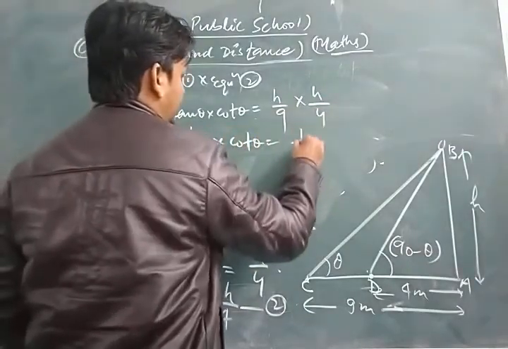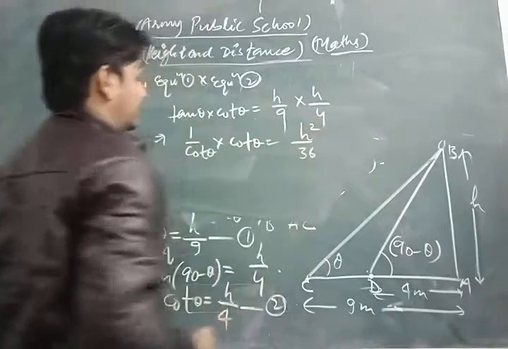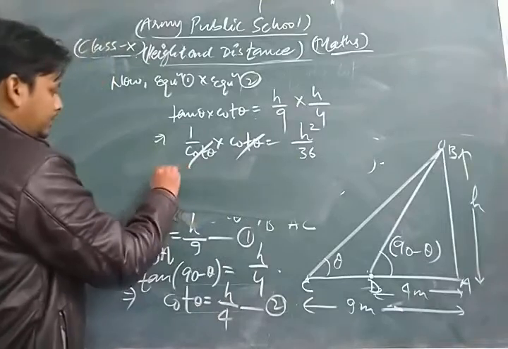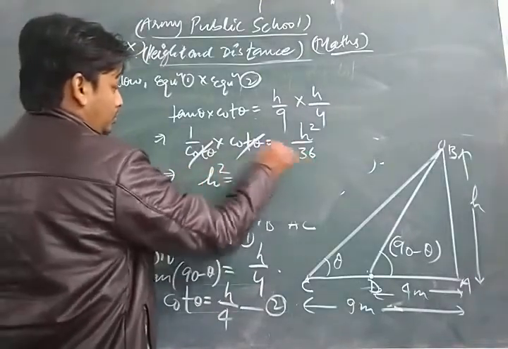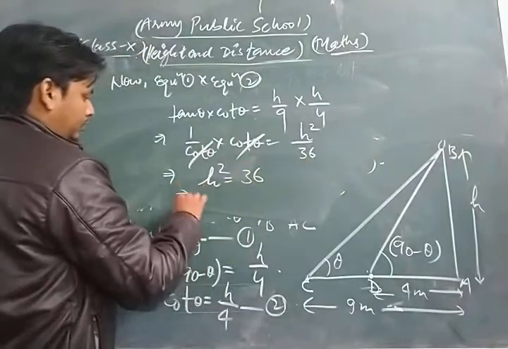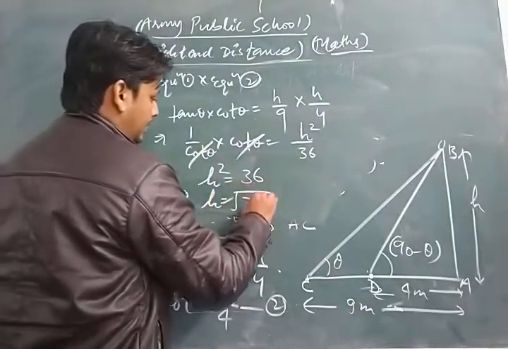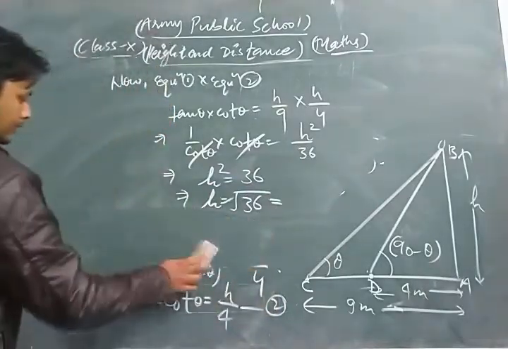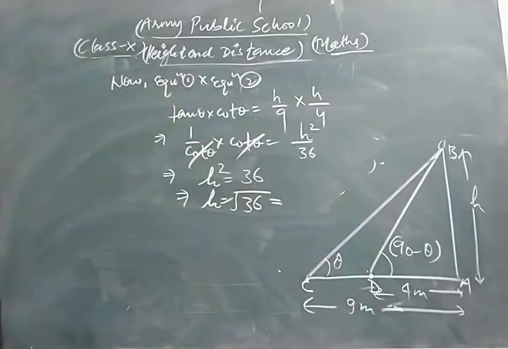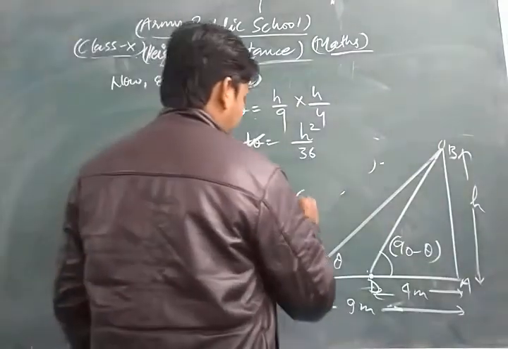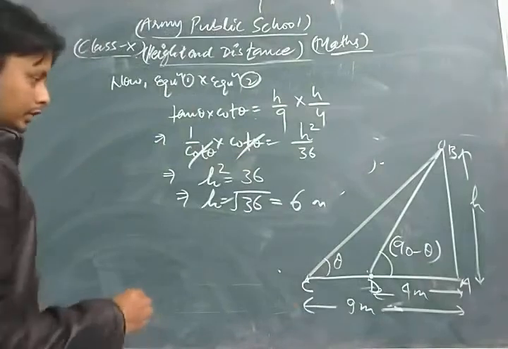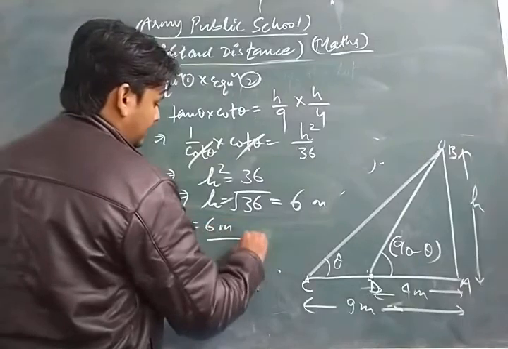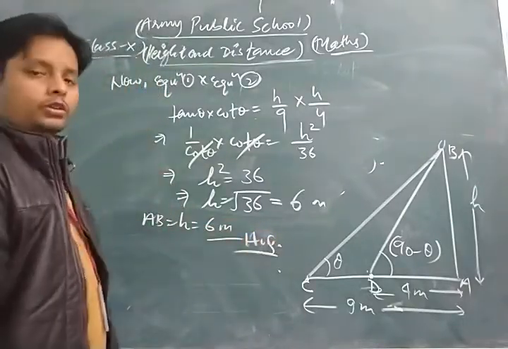So 1 is equal to H square upon 36. Now cot theta and tan theta cancel each other. So from there, dear students, H square is equal to 36. So H is equal to under root 36, and you know that the square root of 36 is what? 6. So this is 6 meter. Thus, the height of the tower, AB, is equal to H, is equal to 6 meter. This is the required solution of the given question.